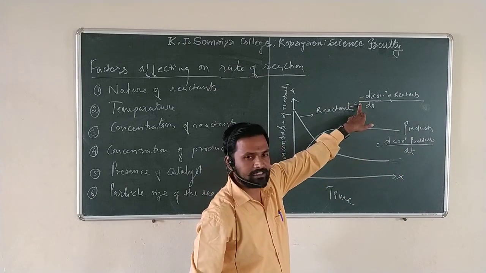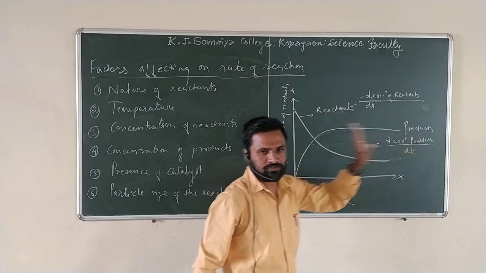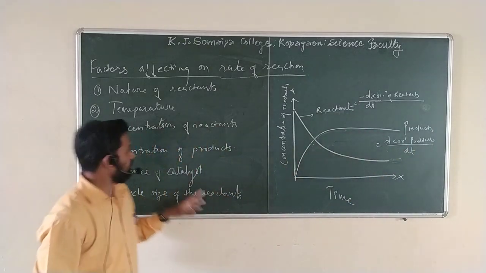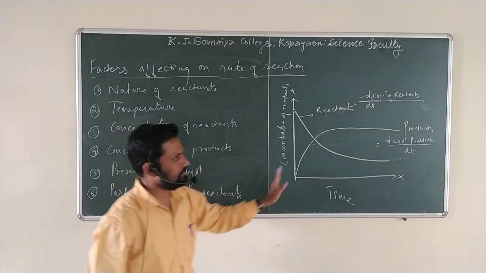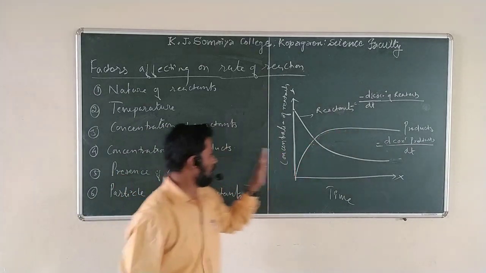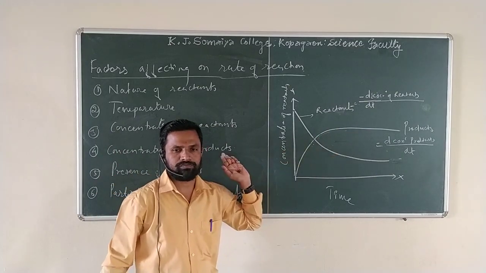This negative sign indicates the decrease in the concentration of the reactant, and positive indicates the increase in the concentration of the product. Whenever the initial concentration of the reactant is high, the rate of reaction will be high. When the concentration of reactants is less, the rate of the reaction will be slow.